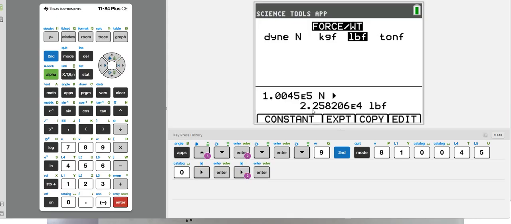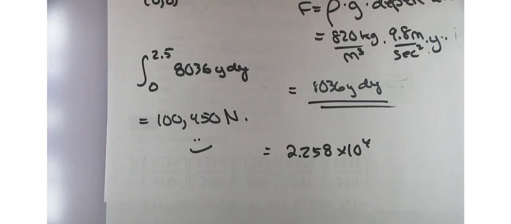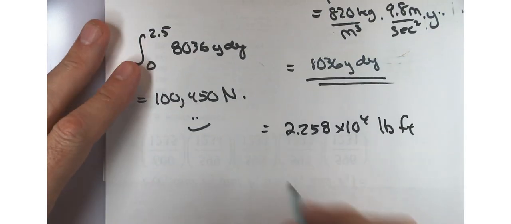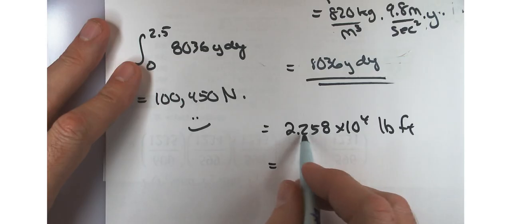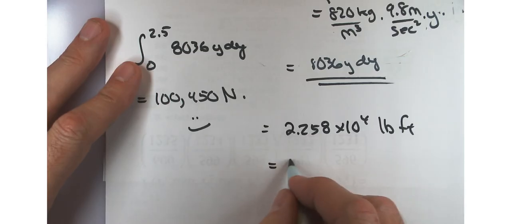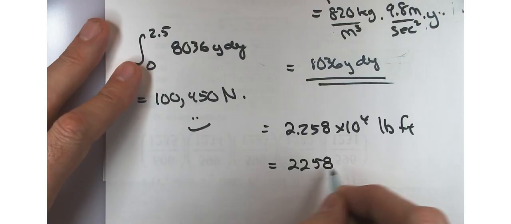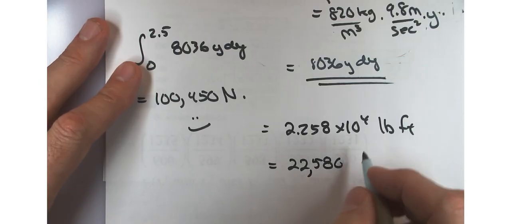So 2.258 times 10 to the 4th pound-feet. Or you can write that in regular notation. This is in scientific notation, so I've moved this 4 places to the right. 22,580 pound-feet.